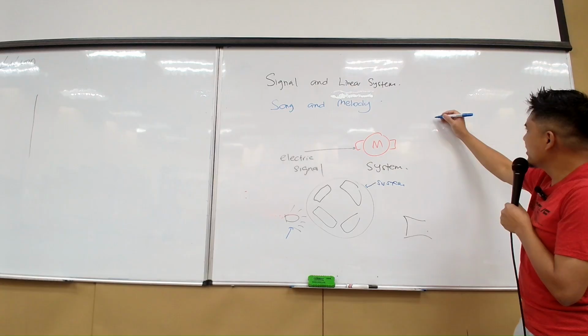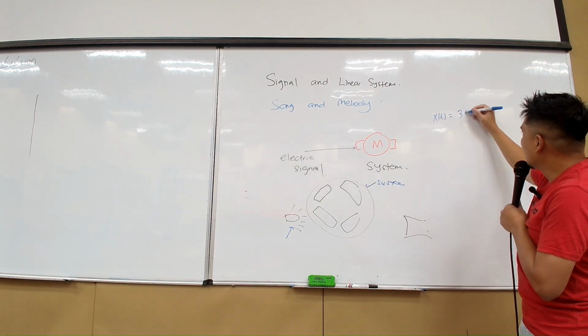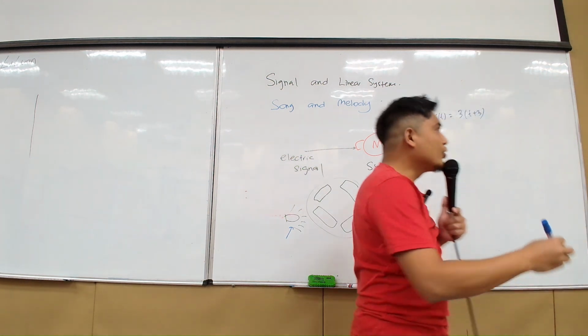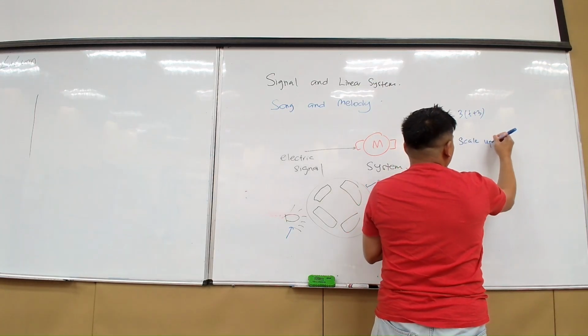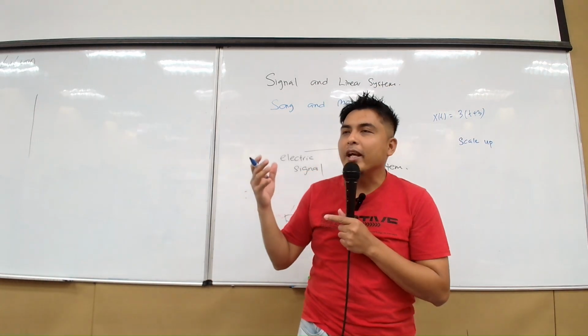So far, you have the signal, let's say x(t) equals 3t plus 3, for example. And then you learn how to scale it. What more can you do with the signal?